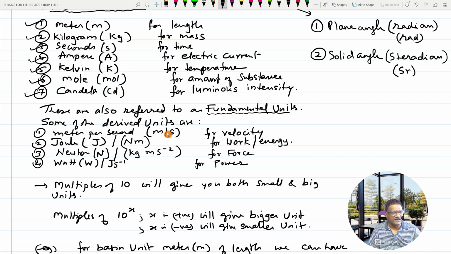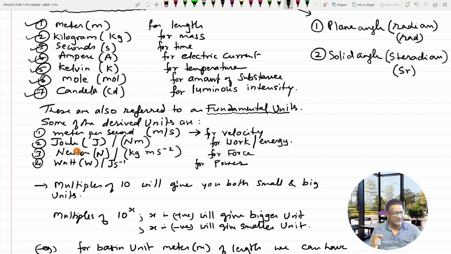This particular unit is for the physical quantity called velocity. And this unit of meter per second is a derived unit because it is a combination of fundamental units. It is meter divided by second, right?